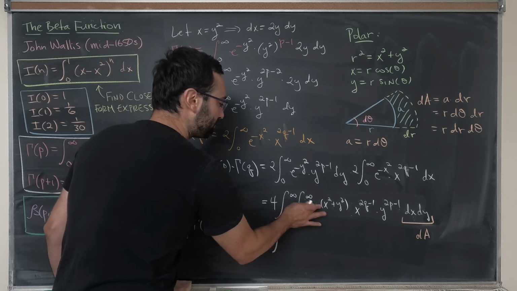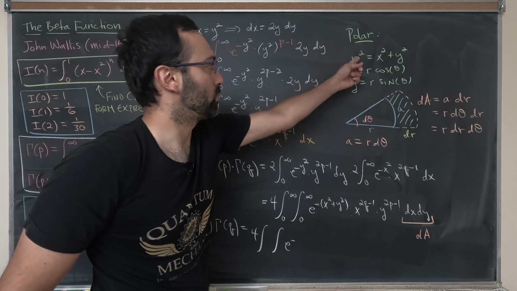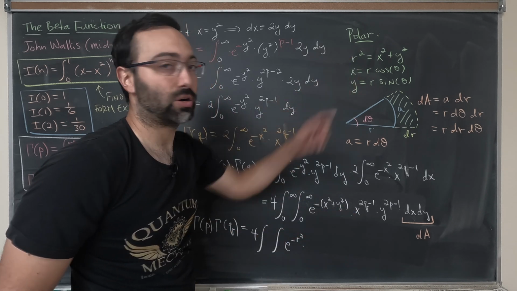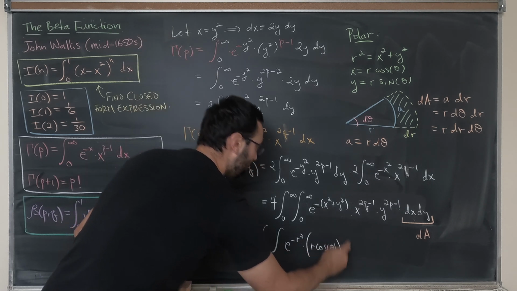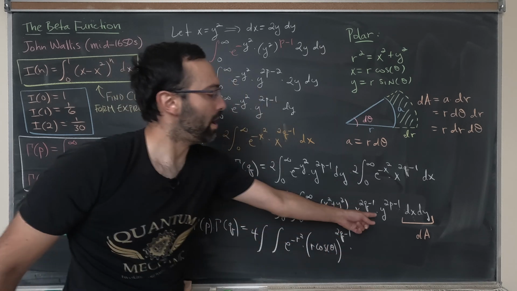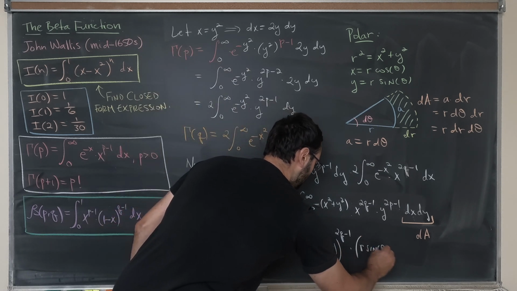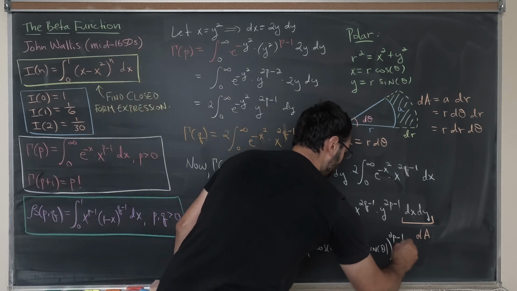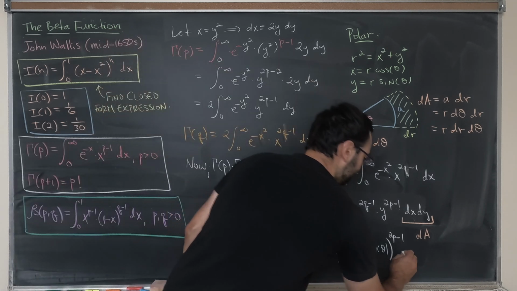But we have e to the minus x squared plus y squared, so r squared, times x here, which is r cos theta, to the power 2q minus 1, times y, which is r sine theta, to the power 2p minus 1. And our dA is r dr d theta.